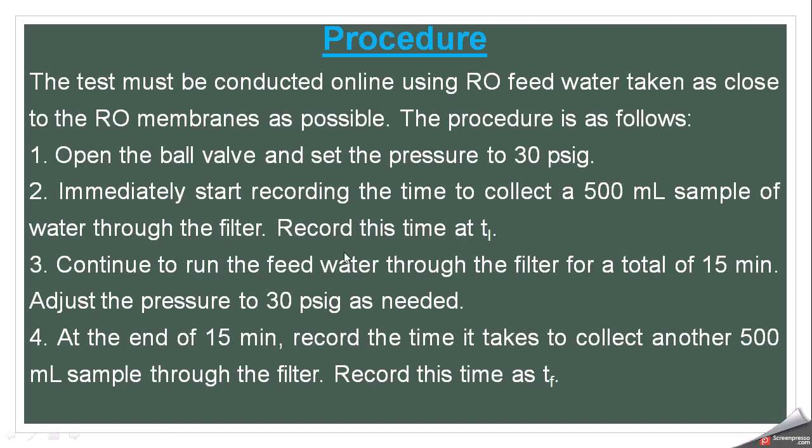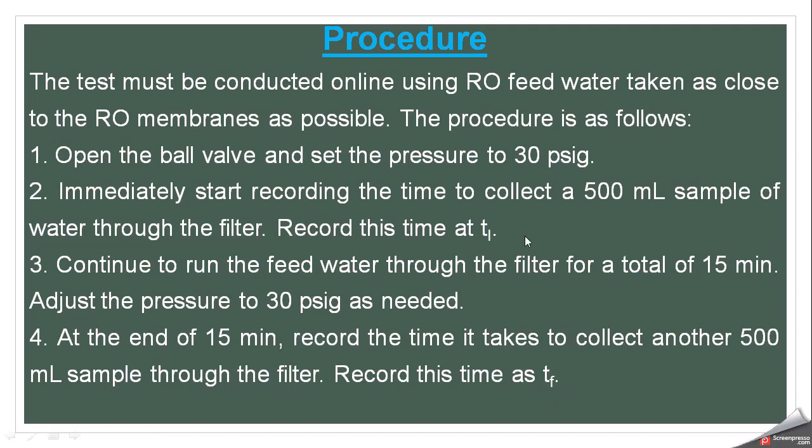After that, we allow the feed water to pass through the filter continuously, and whenever the pressure changes from 30, we adjust it with the help of the needle valve, which is available on the kit. Then at the end of 15 minutes, record the time it takes to collect another 500 milliliter sample through the filter, and record this time as Tf.